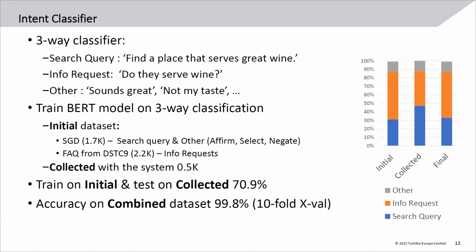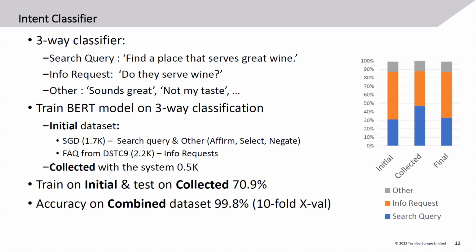Once we built that system, we collected a small amount of data internally. When we annotated the data, we saw that the classification was 71% on the intent detection.